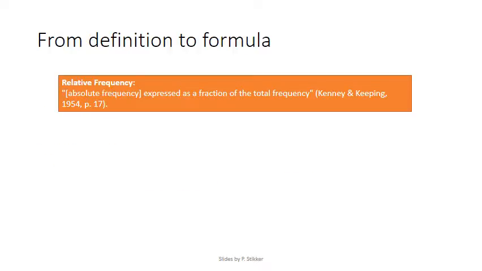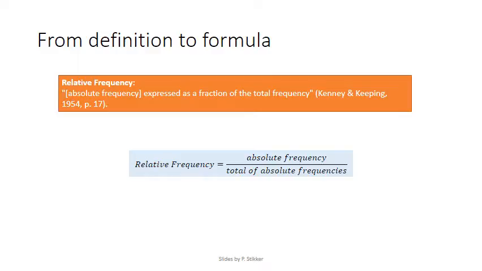So in Session 2, Segment 1, we saw the definition of a relative frequency to be the absolute frequency expressed as a fraction of the total frequency. We can write this in a slightly more textual formula like this, where we actually see similar things happening.